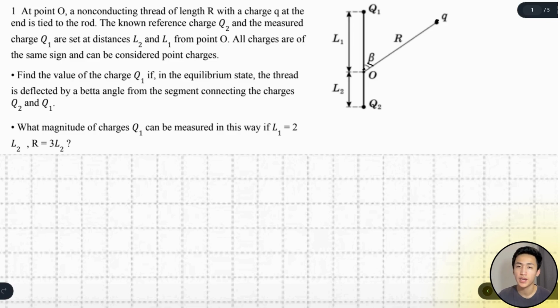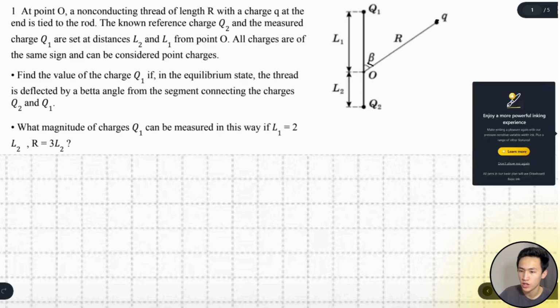So we are given three charges, Q1, Q2 and small q. The charges are the same sign, either all positive or all negative. Let's consider positive. Q1 and Q2 are connected to each other with a rod.